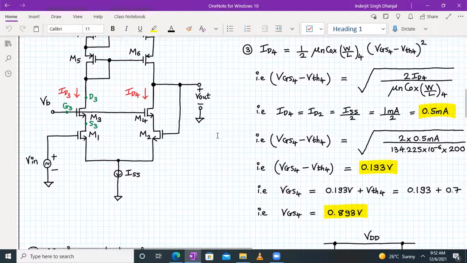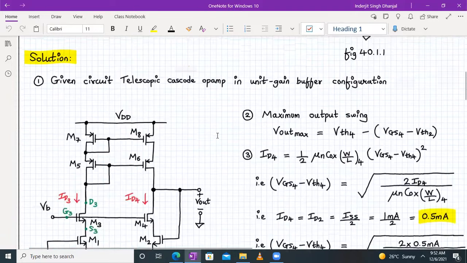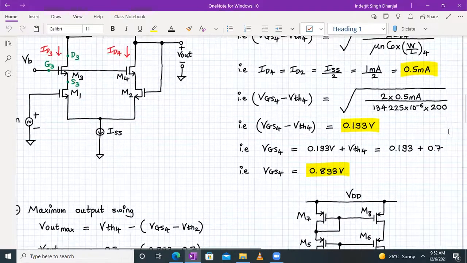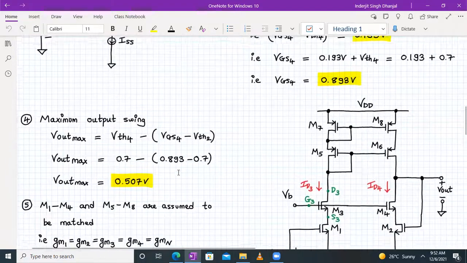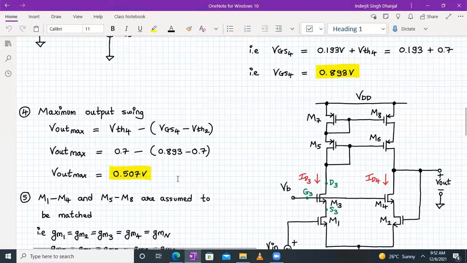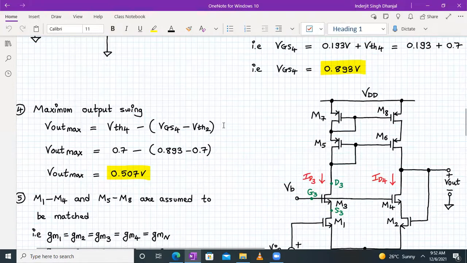The threshold voltage for all the NMOS transistors is given as around 0.7, so we substitute 0.7 over here. So we got VGS4 as 0.893 volt.